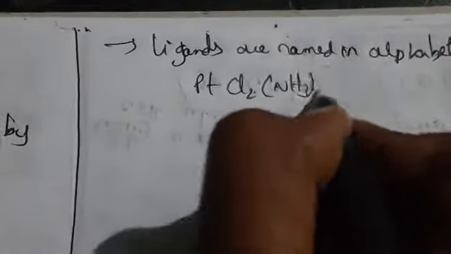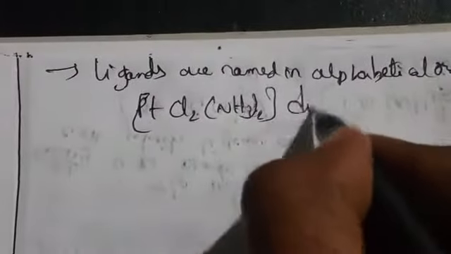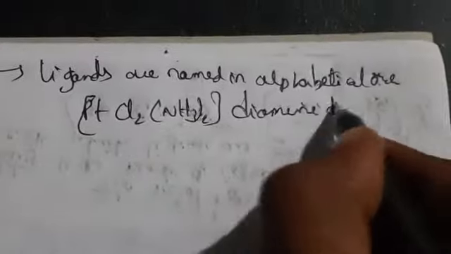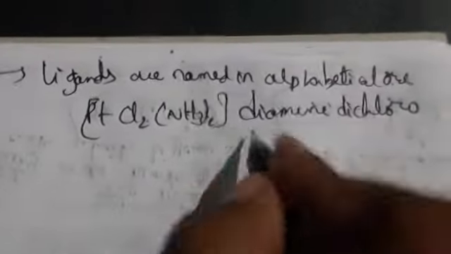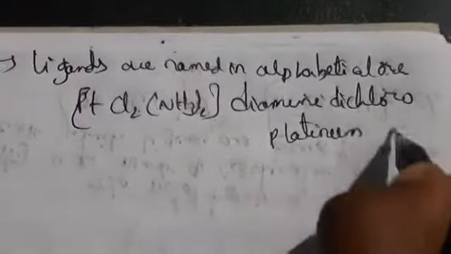If you have been taken Pt, Cl2, NH3 twice, so we can say that this is a diamine, dichloro, platinum 2 we can say. Okay.